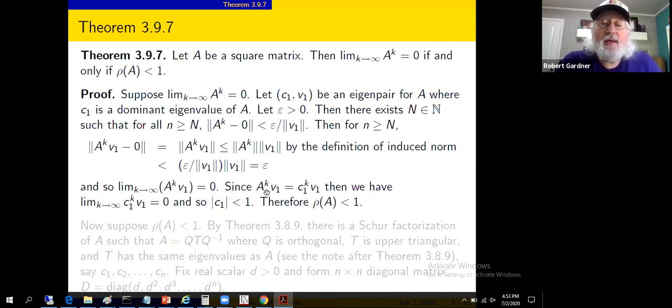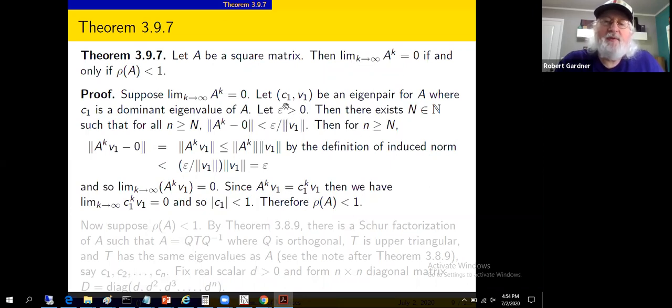We have A to the k v1 equals c1 to the k v1 because we got into this mess by saying c1, v1 is an eigenpair. So A times vector v1 equals c1 times vector v1. We're actually applying this to A to the k power.